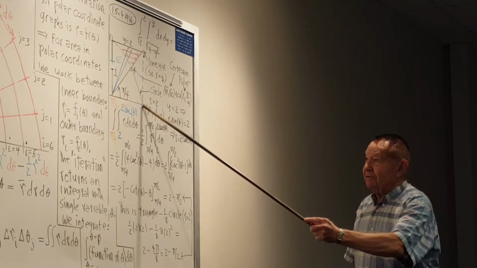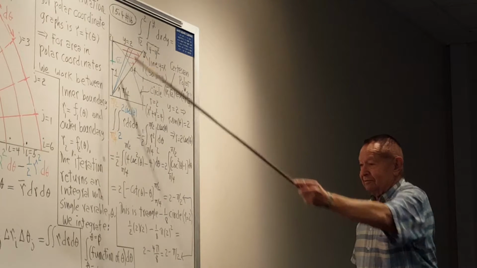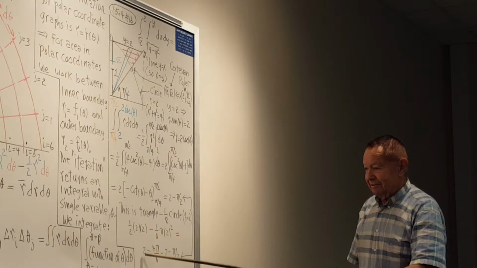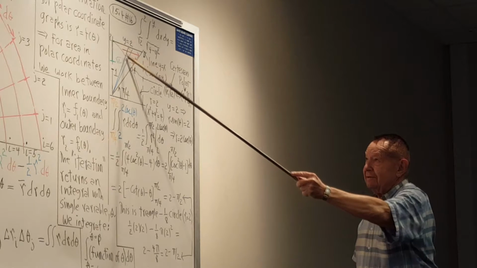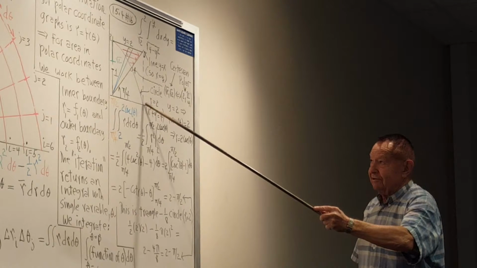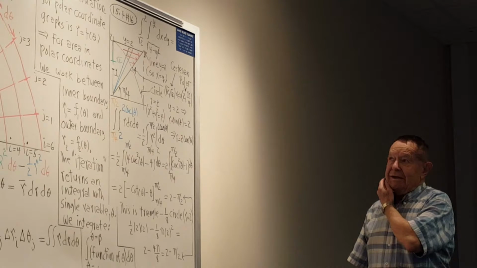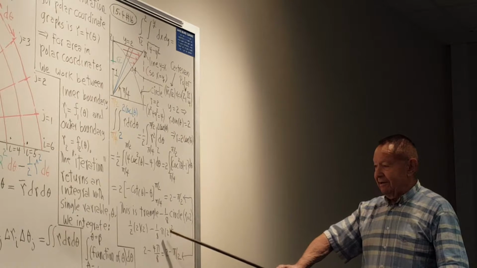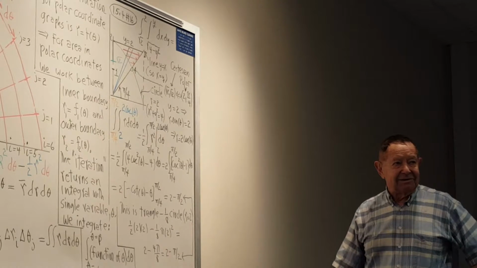The base over here is 2, and the height is 2. So half of 2 times 2 is 2. And what you're taking away is 1/8 of this circle, for which the radius is 2. And so 1/8 of pi r squared. So you do that and you get the same answer.